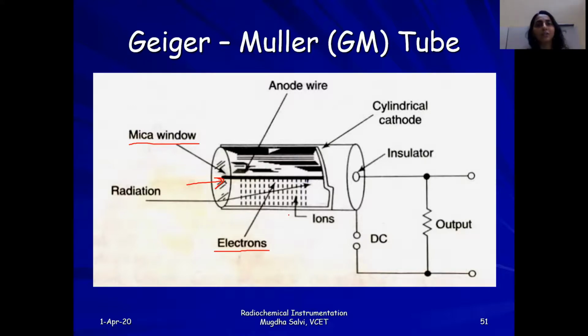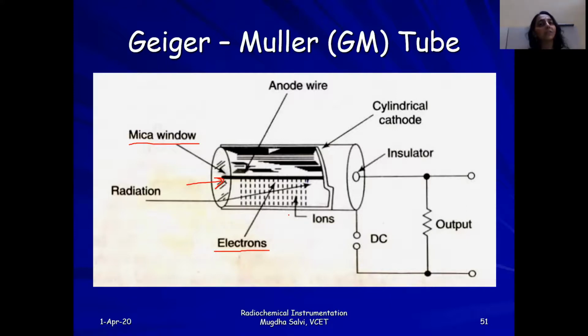And in GM counters, the avalanche occurs in a very high quantity, because of which a very high current pulse is generated. And the GM tube has a peculiarity that it can distinguish between the particles that are entering.